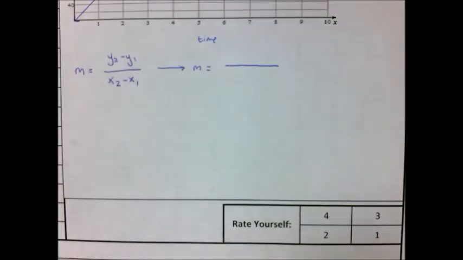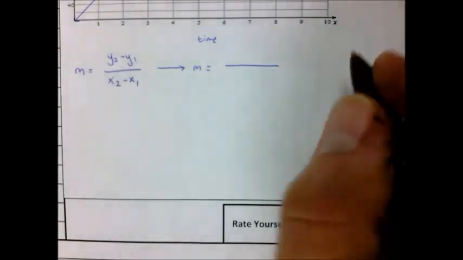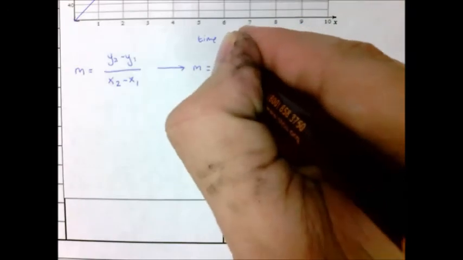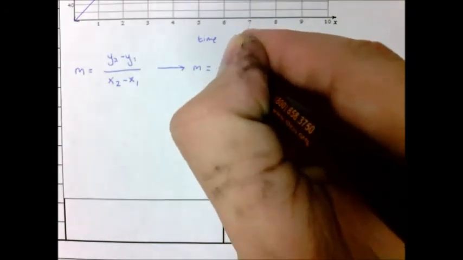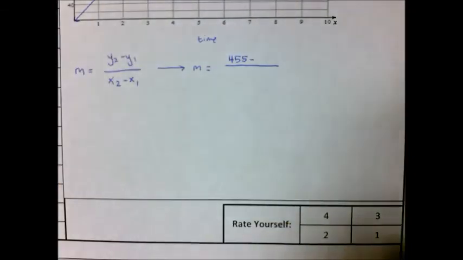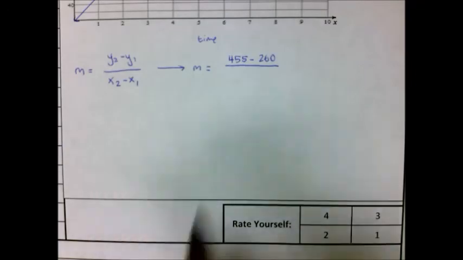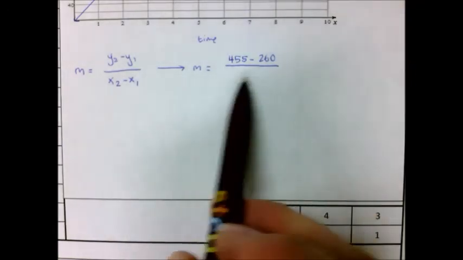And remember, the x's defined the time intervals, and the y-axis defined the distance from home, right? So our y2, the furthest we were from home, was 455 miles. Minus our y1, which at 4 p.m. was 260 miles away.